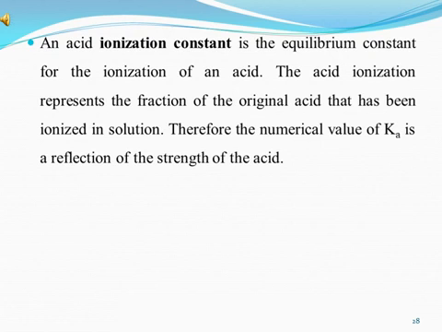What is ionization constant? An acid ionization constant is the equilibrium constant for the ionization of an acid. The acid ionization represents the fraction of the original acid that has been ionized in solution. Therefore, the numerical value of Ka is a reflection of the strength of the acid.